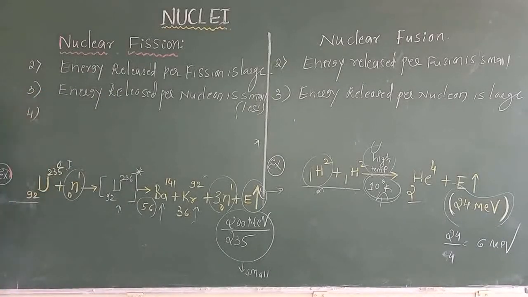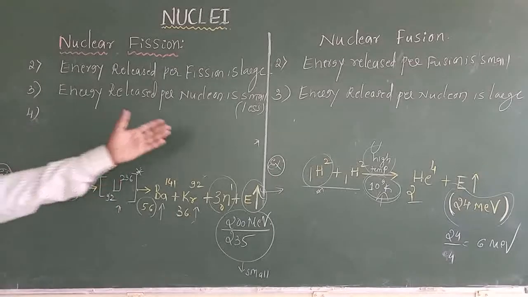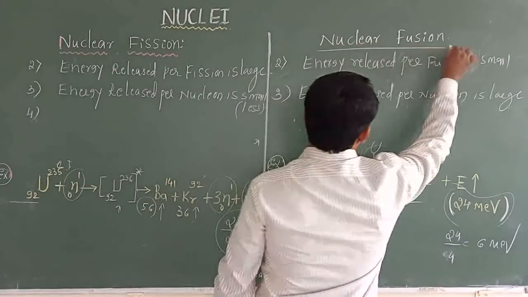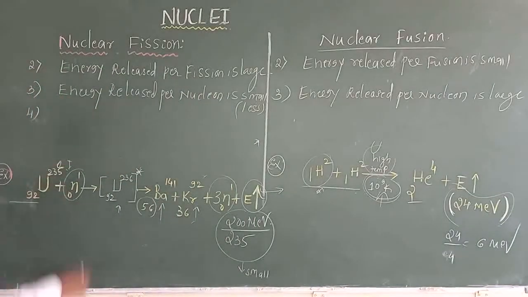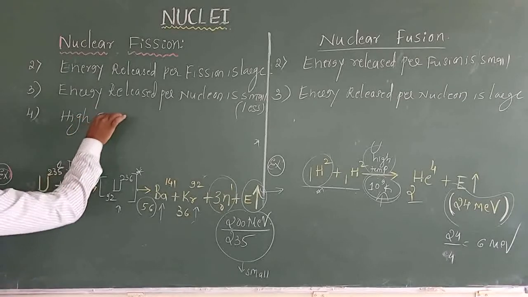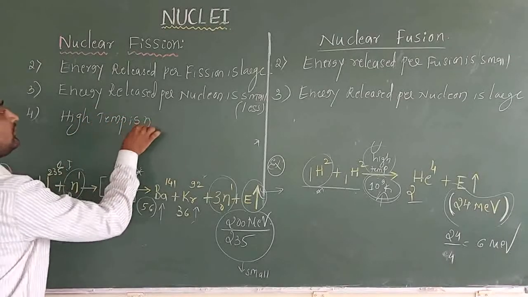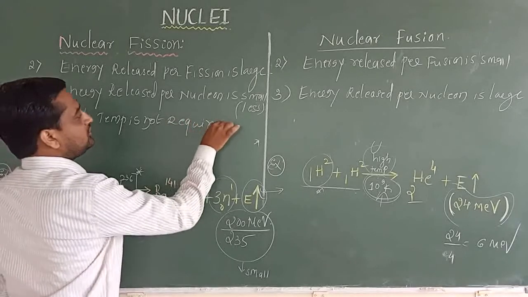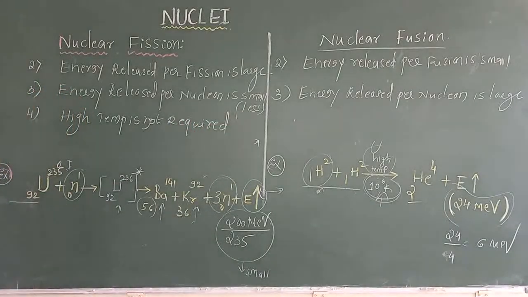Next, the fourth difference. As we have seen, high temperature is required in case of nuclear fusion reaction. High temperature is not required in case of fission reaction, so it can take place at ordinary temperature.